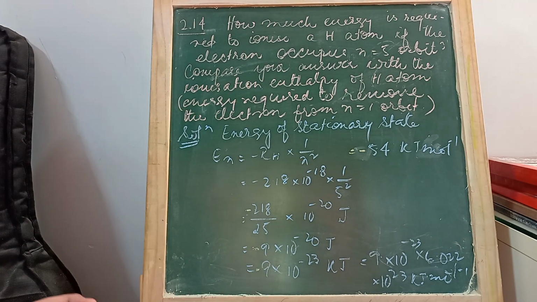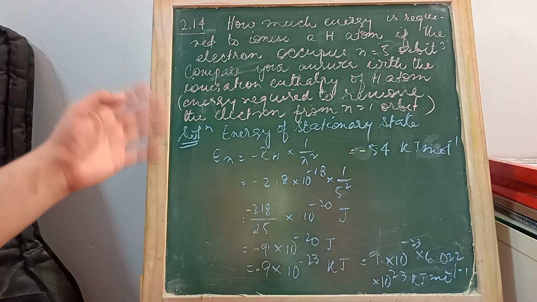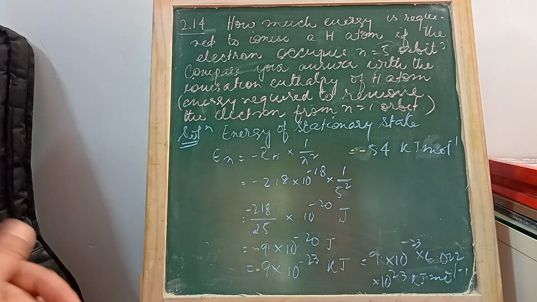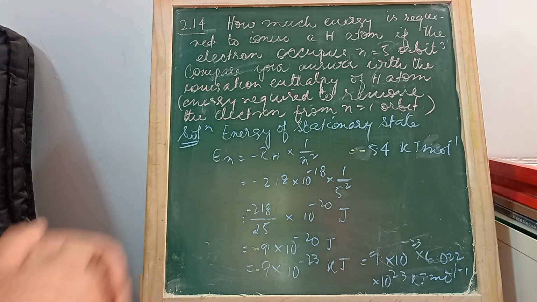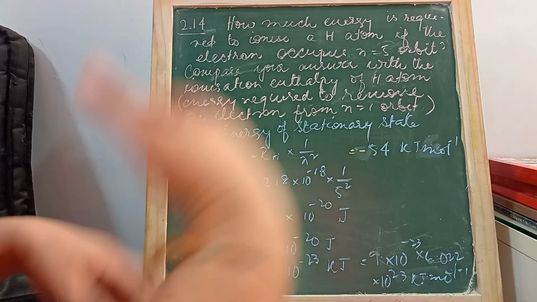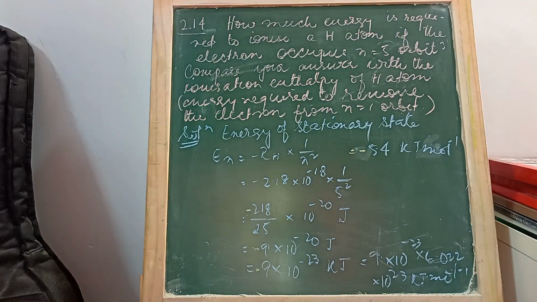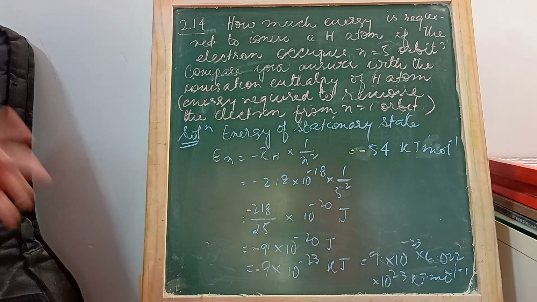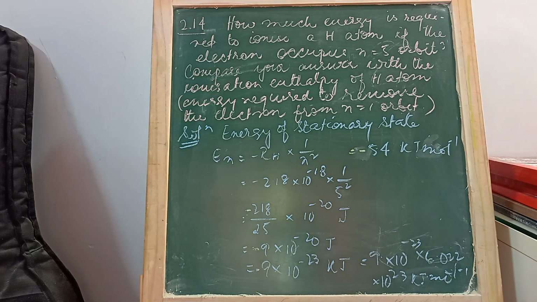In order to proceed with the solution of this problem, it's related to Niels Bohr's theory of the hydrogen atom, how it explains how the hydrogen atom is stable. What are the energies?